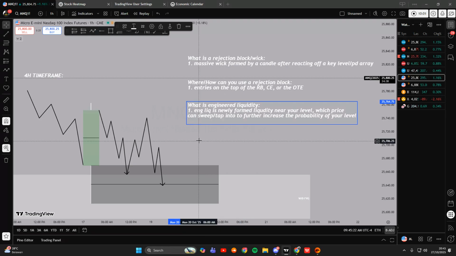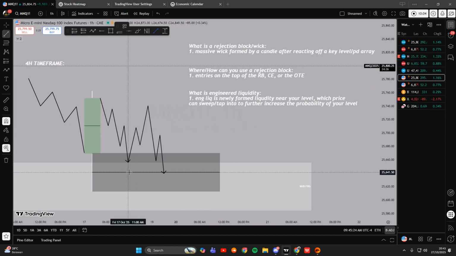So essentially, think of it like a liquidity sweep, like right here. Think of it as a liquidity sweep. You get what I mean?